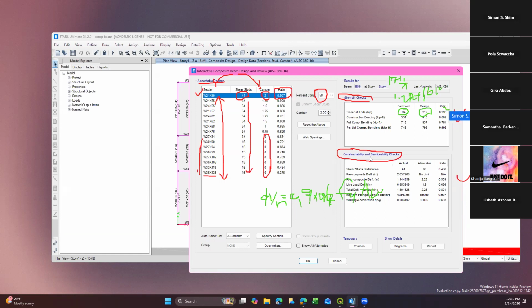Now bending: construction bending, and full and partial bending. Construction bending is the first one, phase one. Basically, the steel W21 by 50 fully contributes to support the 1.2 dead load plus live load here.